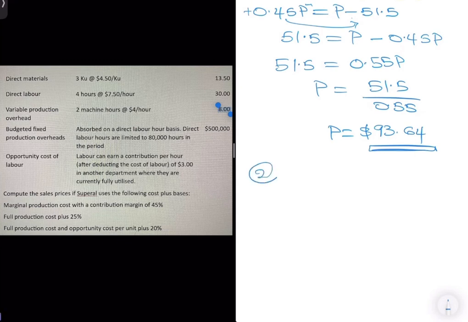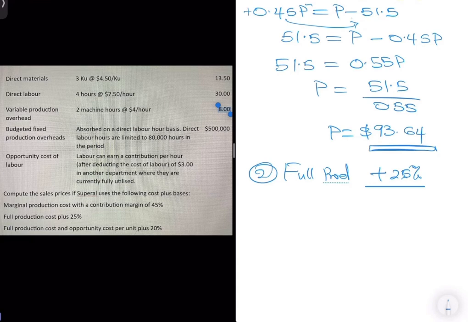But there's another approach that they want to consider, and that is full production cost plus 25%. Is this 25% a margin or a markup? Markup. Exactly, markup. Please always take note: all these percentages that you have here are markups. I don't see any margin here. The first one is a margin, contribution margin.